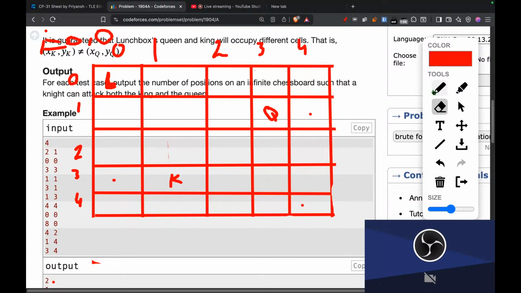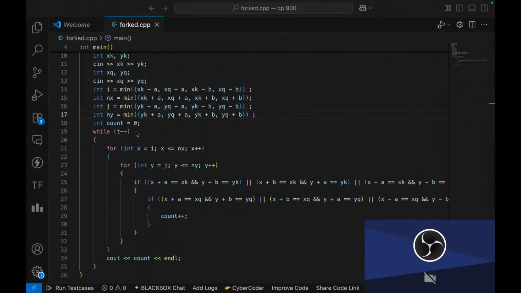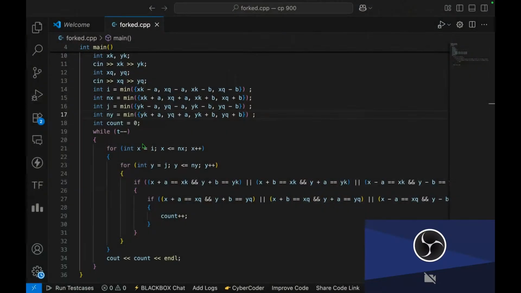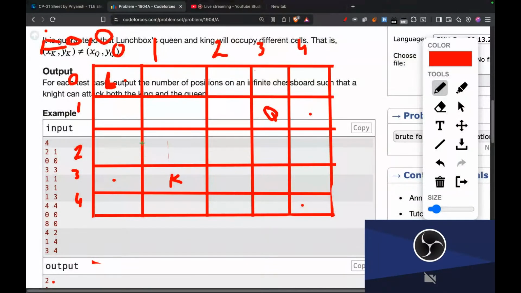Okay. So if we start from here, what we did in our code is we start from x and iy and xj. In this, we can go x plus a, y plus b, and if any of these matches with x and k.